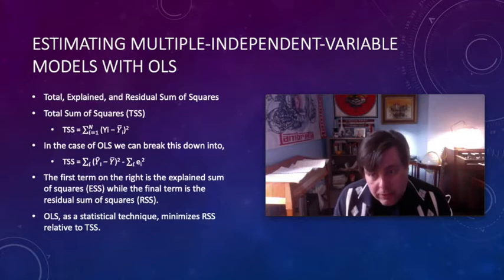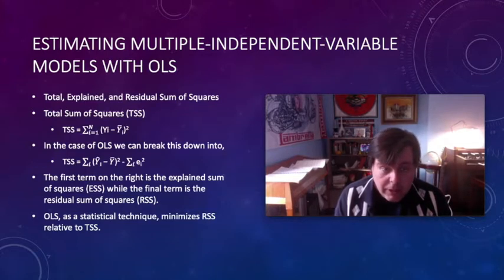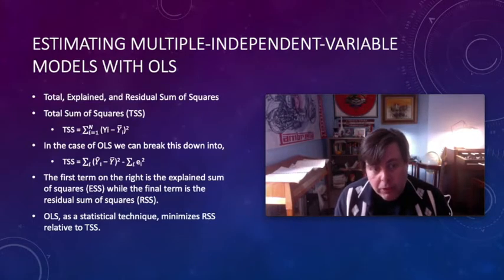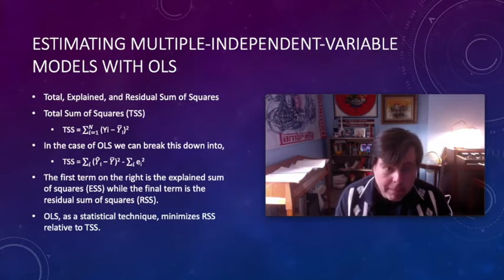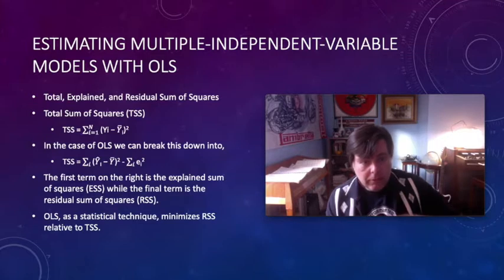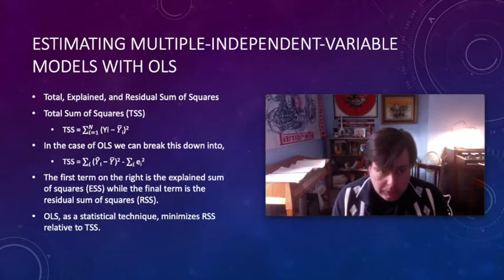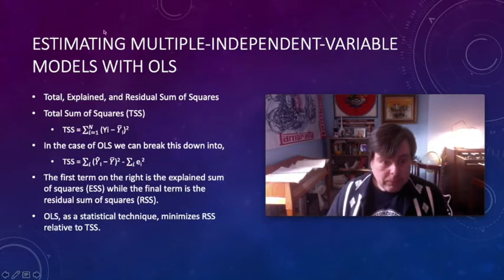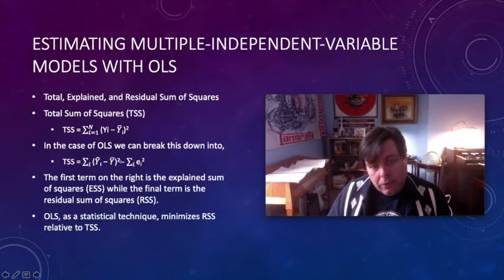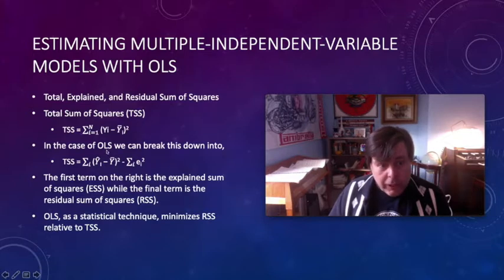In the case of OLS, we can break this TSS idea down into an ESS and an RSS, which stand for explained sum of squares and residual sum of squares, respectively. Again, there's the math associated with that. This chunk here is our ESS, and this chunk here is our RSS, so explained and residuals. In the explained chunk, we're talking about the variations between our estimated values of y and our mean values of y, that is, the variations from the mean.